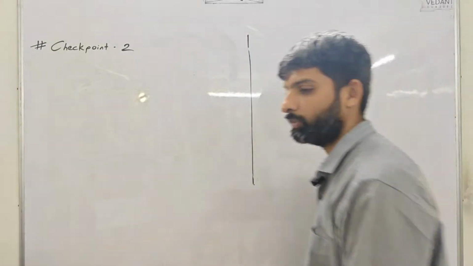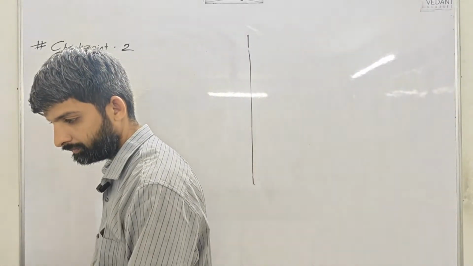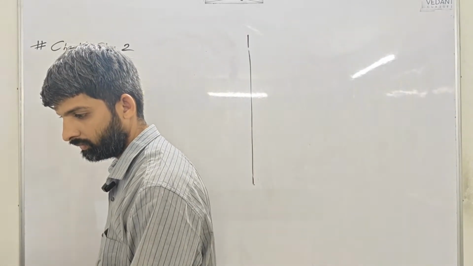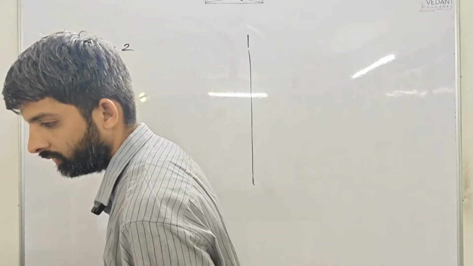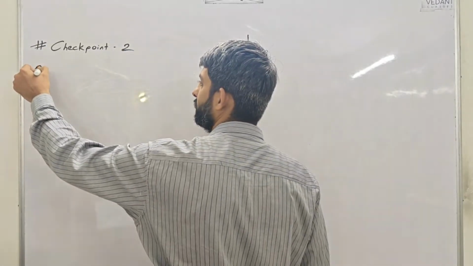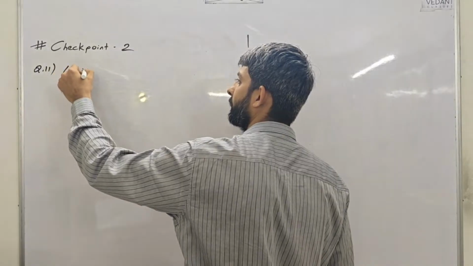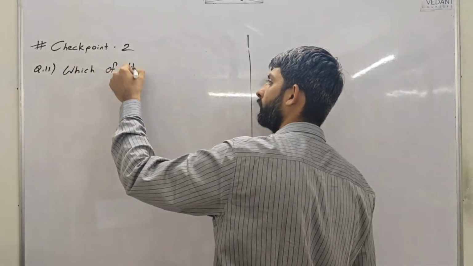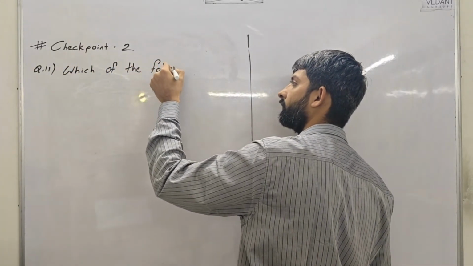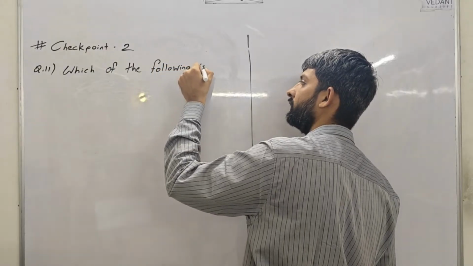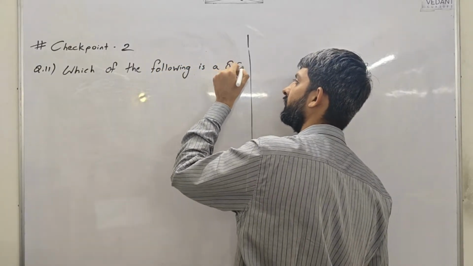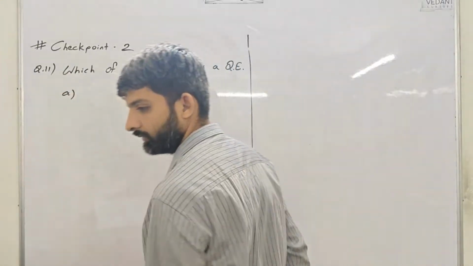Okay, let's start with checkpoint number 2. Question 11. Which of the following is a quadratic equation? I am writing the 4 options.